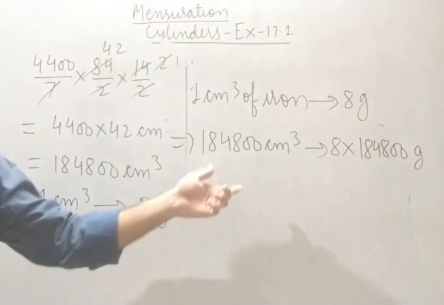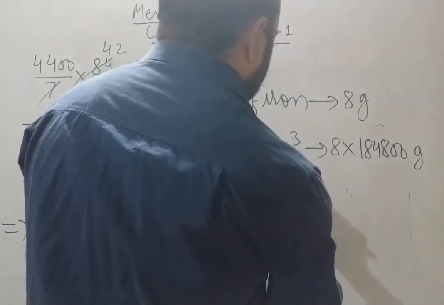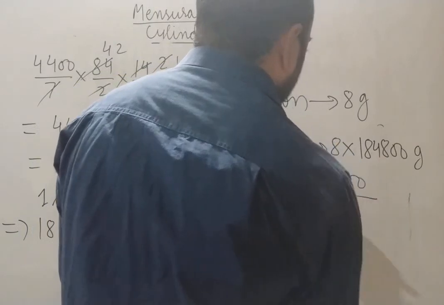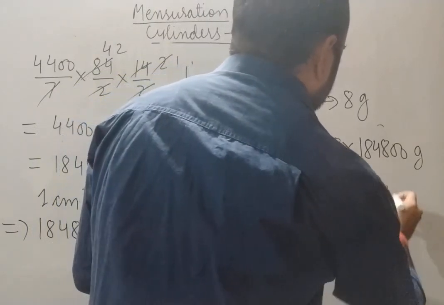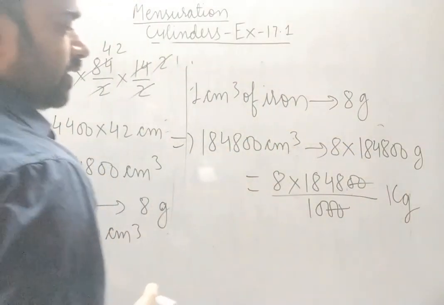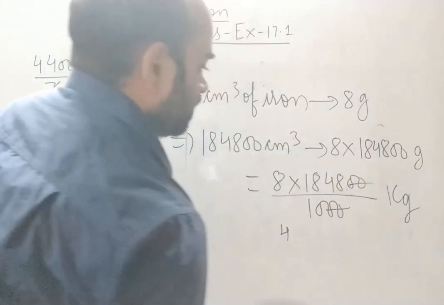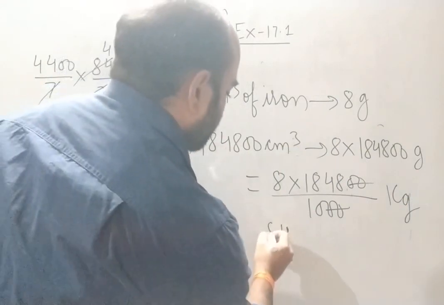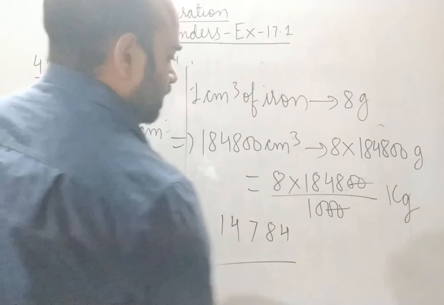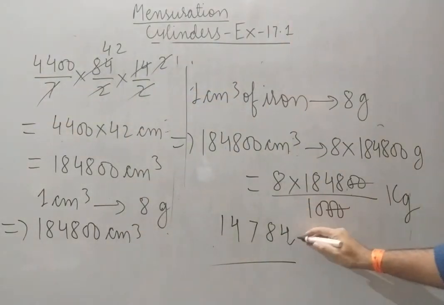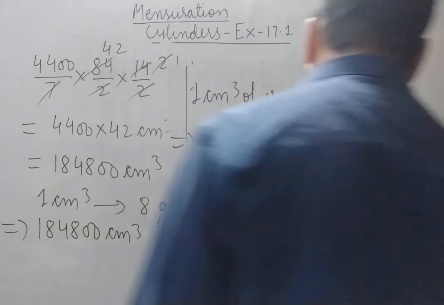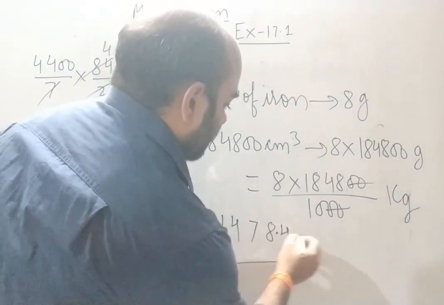Now convert the answer into kilogram. That will be 8 into 184,800 upon 1000 kilogram. These two are cancelled. Finally, the answer will be 1478.4.